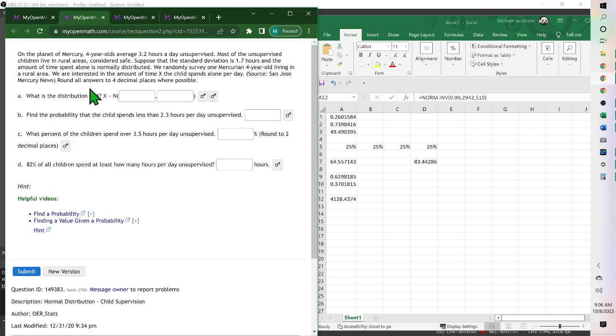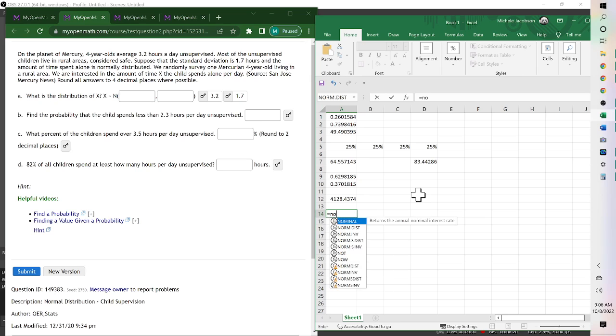On the planet Mercury, 4-year-olds average 3.2 hours a day of unsupervision, with a standard deviation of 1.7. So this is our mean and our standard deviation. Find the probability a child spends less than 2.3 hours unsupervised. Less than, that's what our probability gives us. And so equals norm.